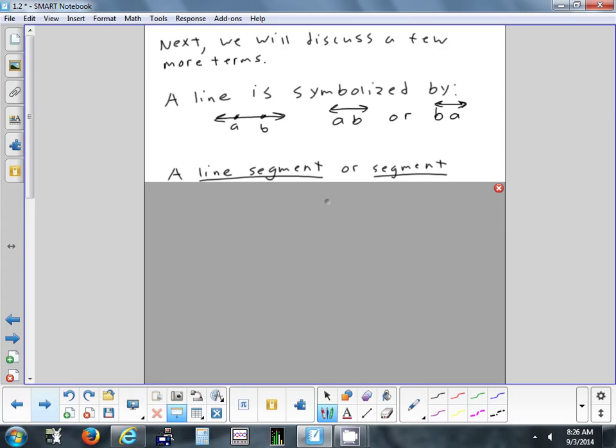How about a line segment? What's the difference between a line and then a line segment?